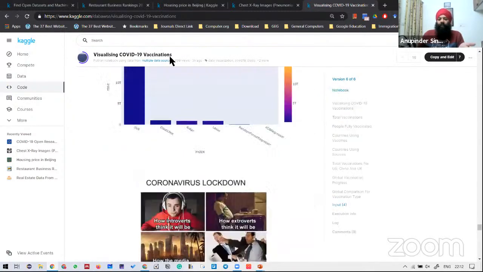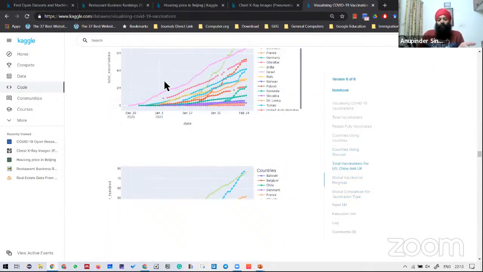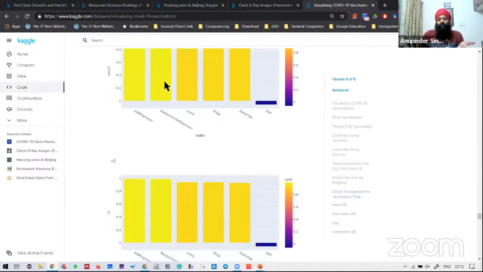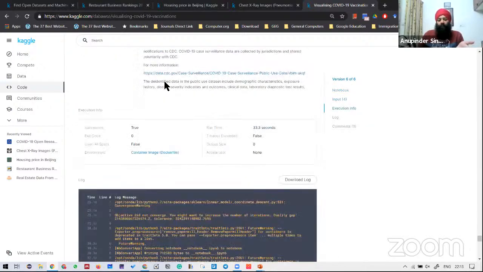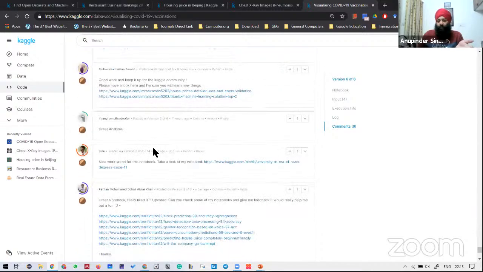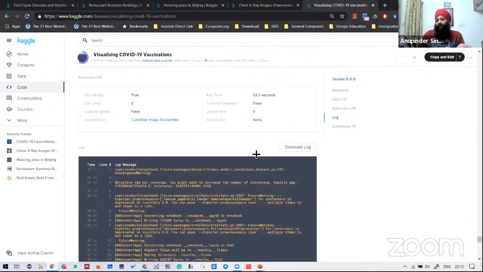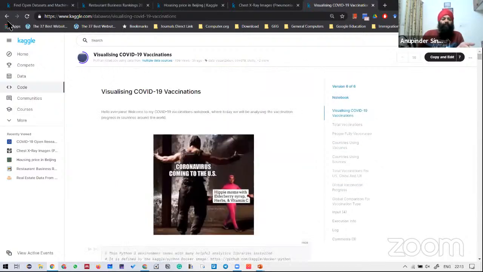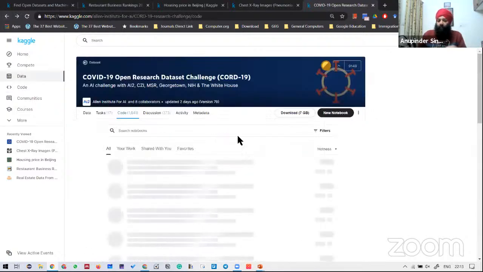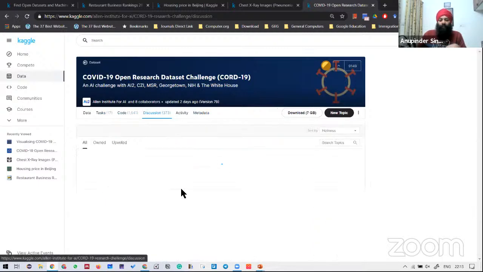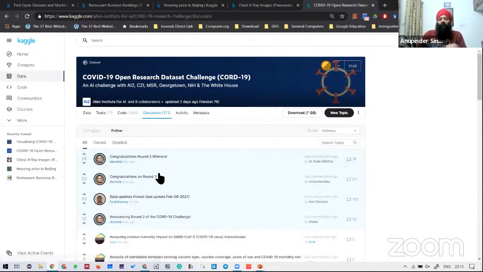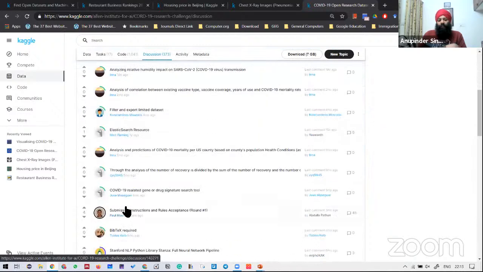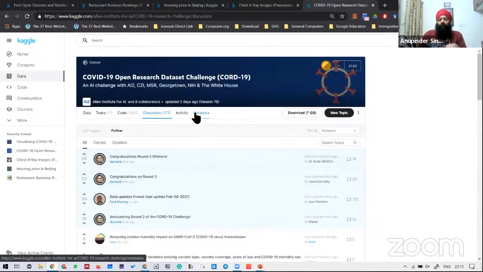You can also get involved in the discussion, because each individual notebook has a discussion at its end. This discussion is specific to that notebook which this person has created. Whereas if you want to have a general discussion on this data set, this is the discussion section where you can go and check things out, right?